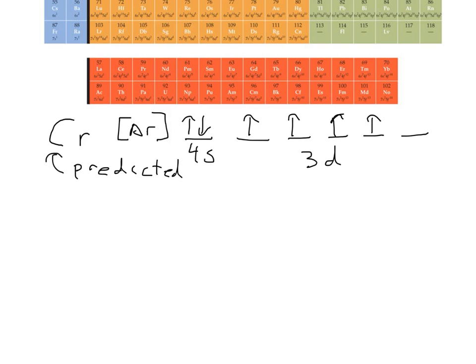Since chromium can't create or destroy electrons at random, or ruin its electrical neutrality, what chromium does is it takes one of its 4s electrons and moves it to the 3d.